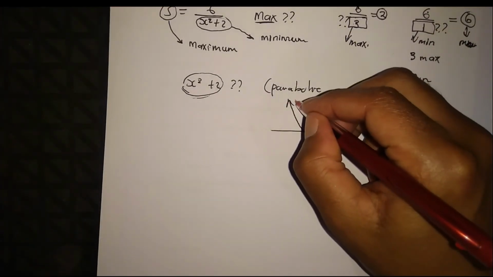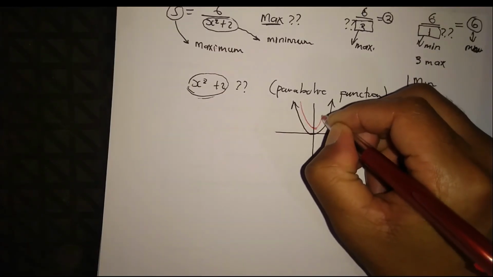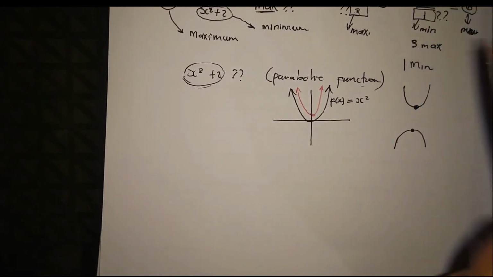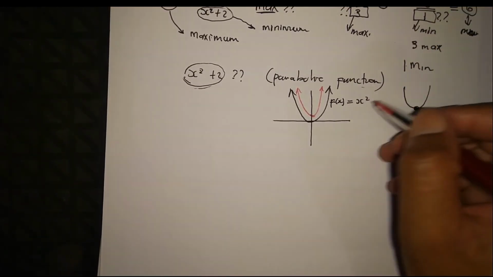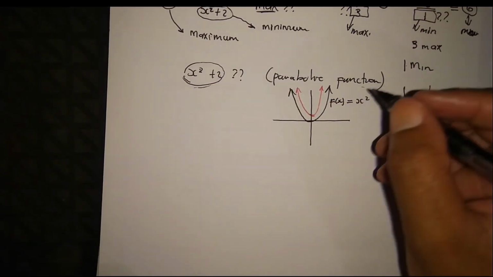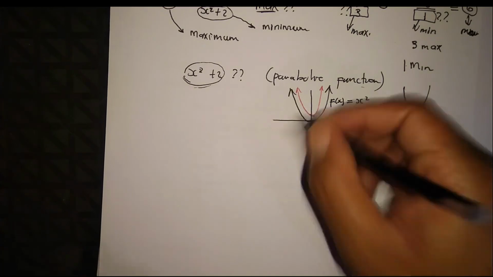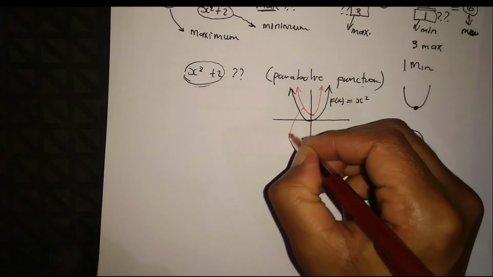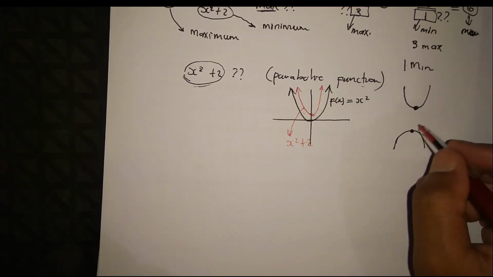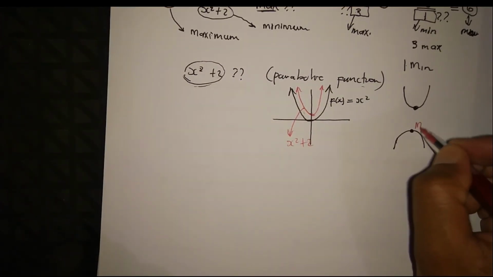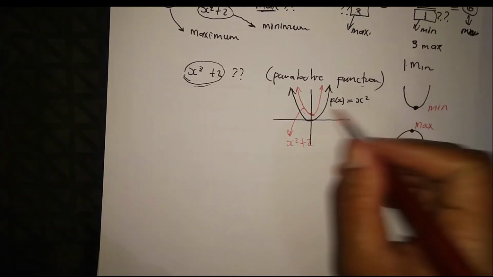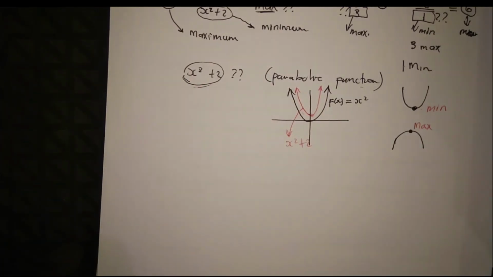So the parent function is x squared, but this one is a translation of the parent function 2 units up. So this is x squared plus 2, and this function only has a minimum.